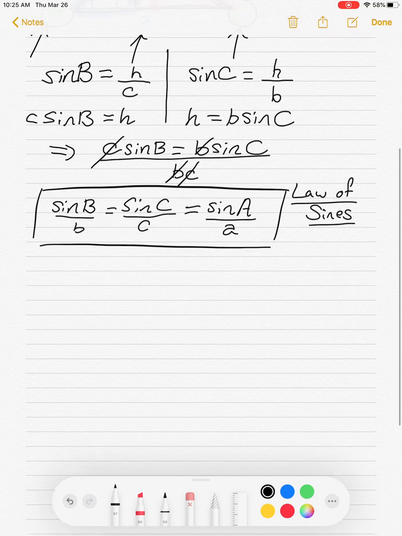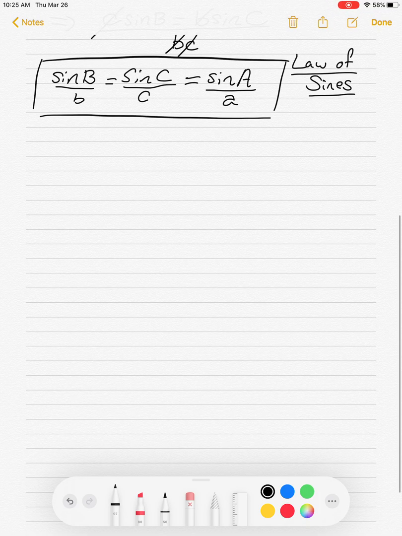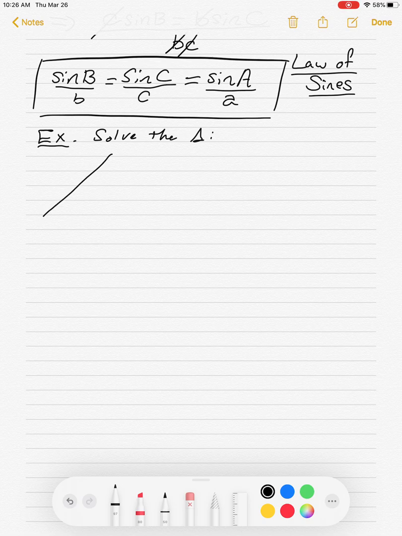So let me see what kind of example I can come up with. For example, solve the triangle. Here's the information that's given, say. I'm not drawing this to scale.